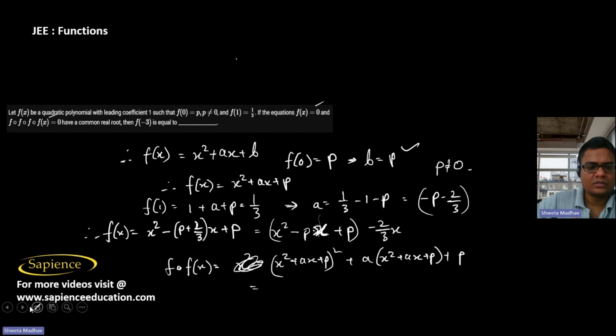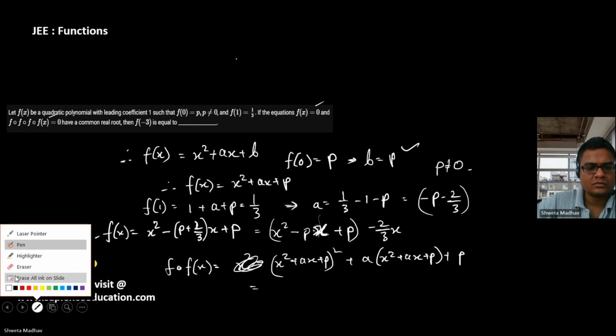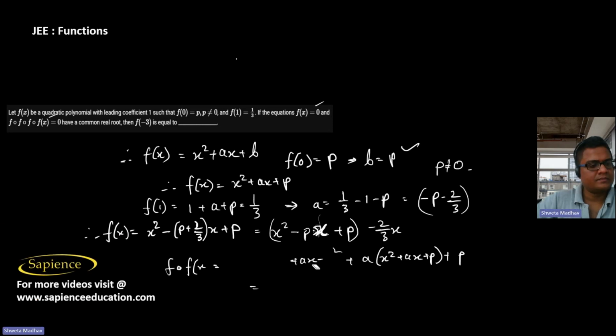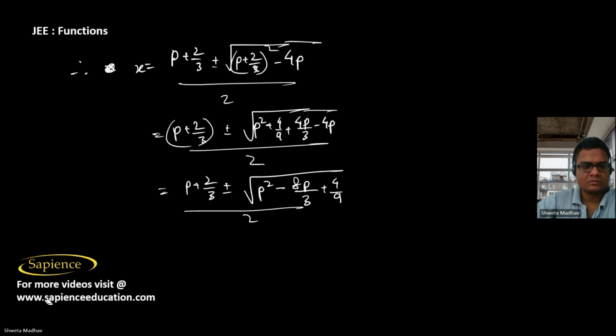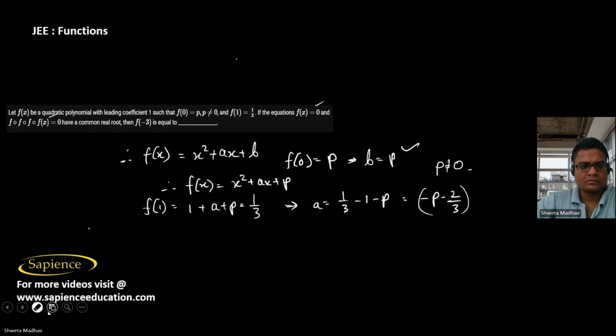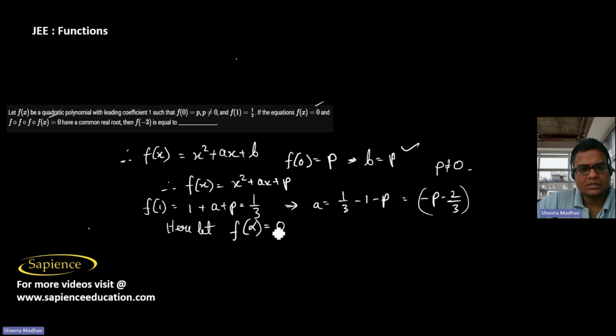So now here one thing we can do, let's suppose alpha is the common root, so then f of alpha will be 0.